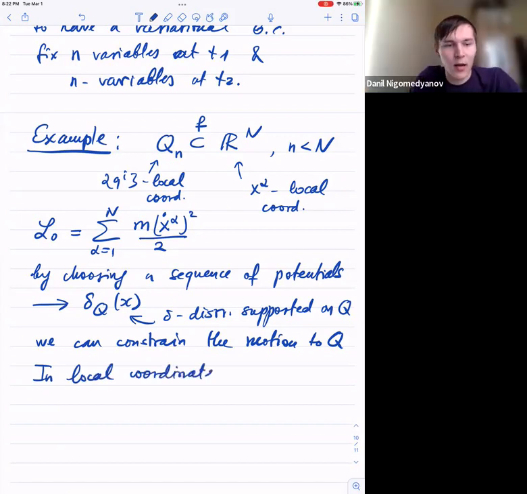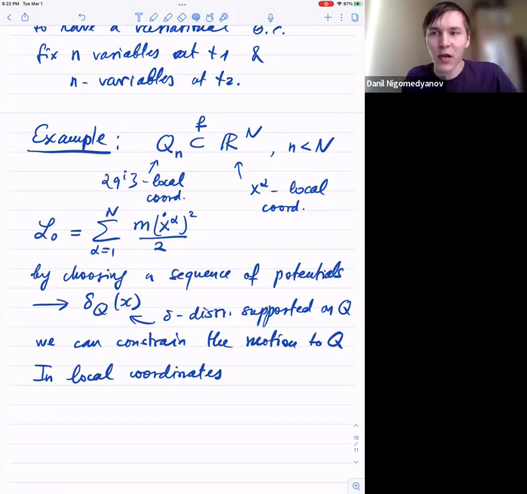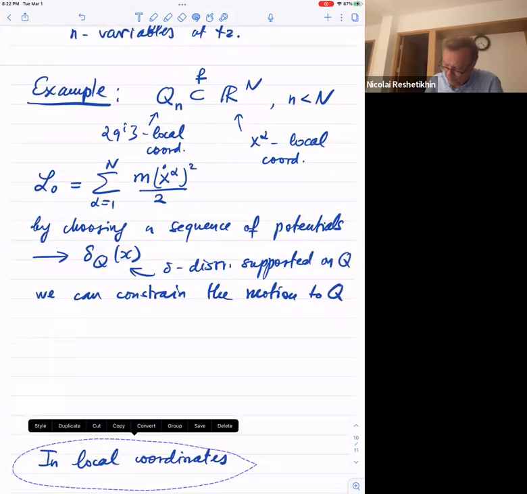Sorry, are we looking for the critical points of our Lagrangian L in R^N that lie in Q? Or not? So we have an additional condition. Yes, exactly. So that's what I meant.